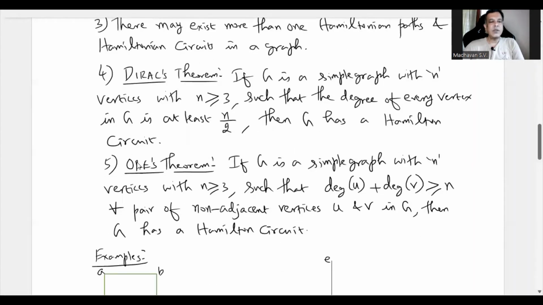Then comes Ore's theorem. If G is a simple graph with n vertices, with n greater than or equal to 3, such that degree of U plus degree of V is greater than or equal to n for all pairs of non-adjacent vertices U and V in G, then G has a Hamiltonian circuit.